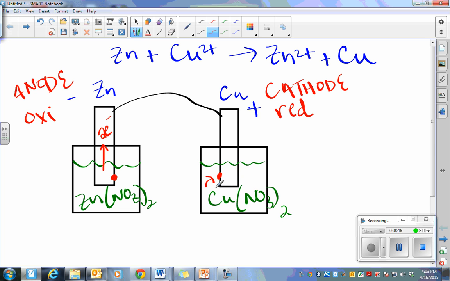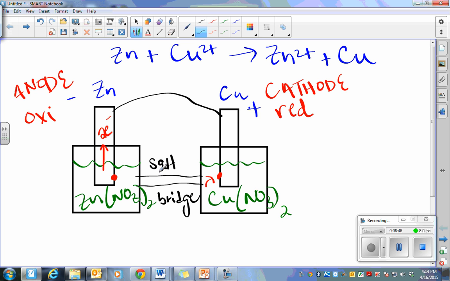So if you are losing copper ion while your nitrate ion concentration is not changing, over time the solution will become more negative. So that is why we need a salt bridge to overcome any charge difference within the solutions, because we want neutral solutions. So we have what's called a salt bridge.